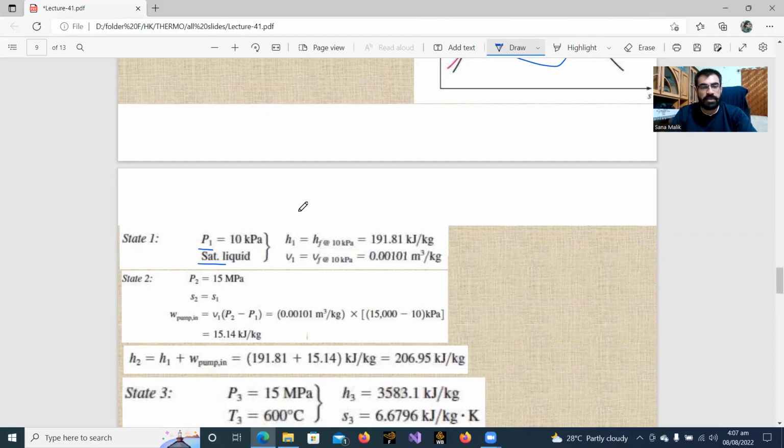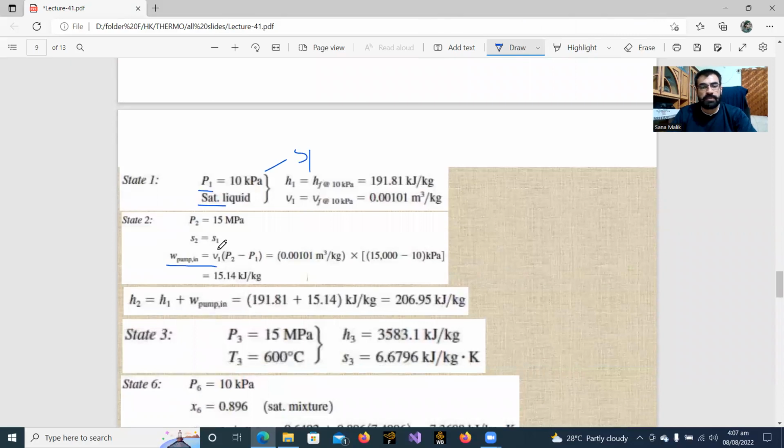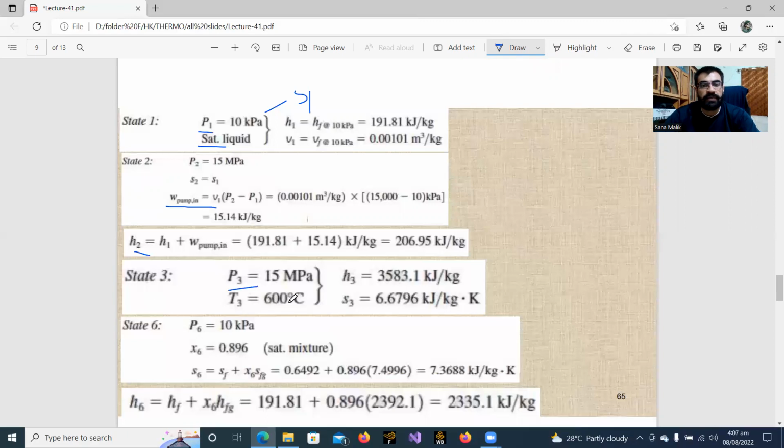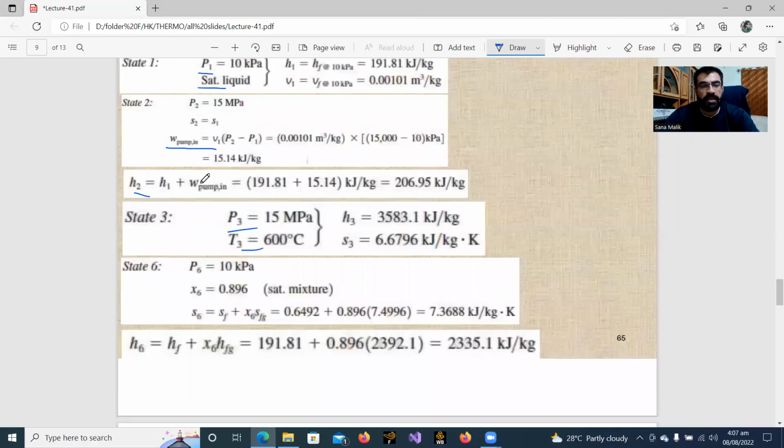We can find S1 from this, and from the work of the pump in terms of the specific volume and pressure difference, from the enthalpy difference, we can find H2. And state 3, P3 and T3 are given. We can find H3, S3.